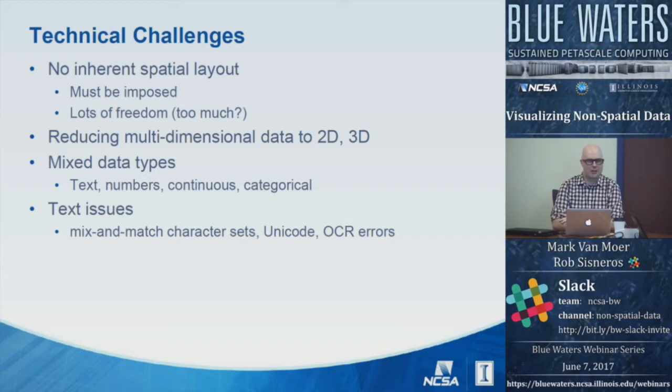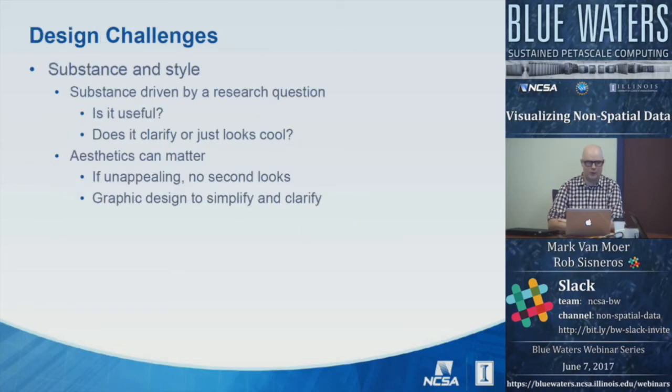Optical character recognition, if it's text data that was scanned in, could end up giving you strings of text that look like line noise or just garbage, and how do you clean all that out? So there are a lot of issues that don't come up with standard traditional meshes for, say, fluid dynamics.